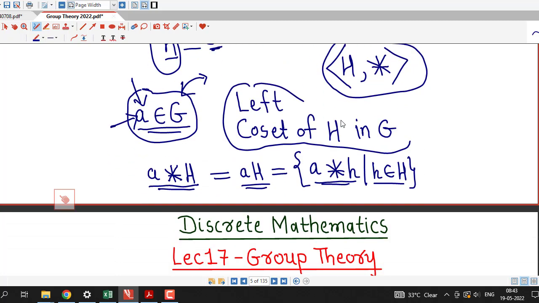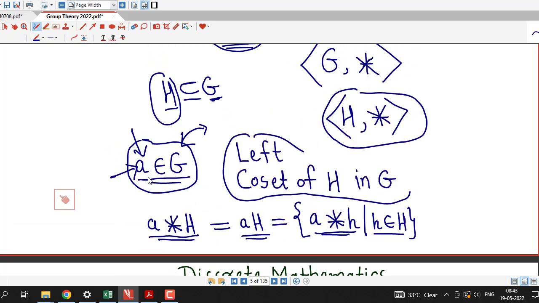So remember this definition. Suppose a is an element of group G, then the left coset of H in G is the set of all elements of the type a star h, where h belongs to H, and it is known as the left coset of H in G. Similarly, we can define the right coset also. For the right coset, we will use this notation.